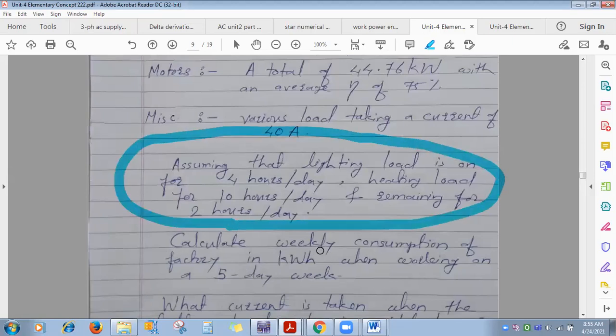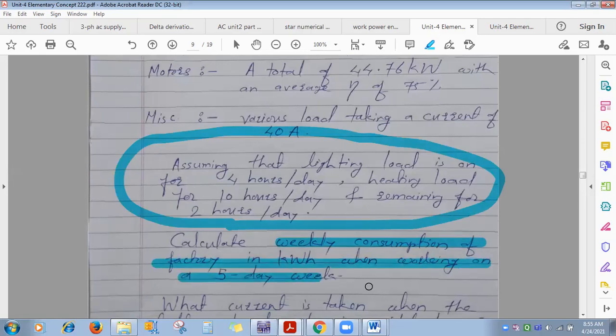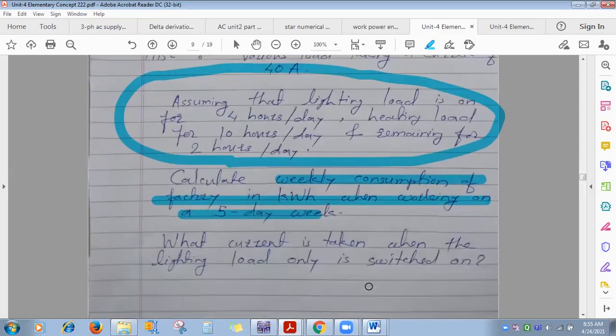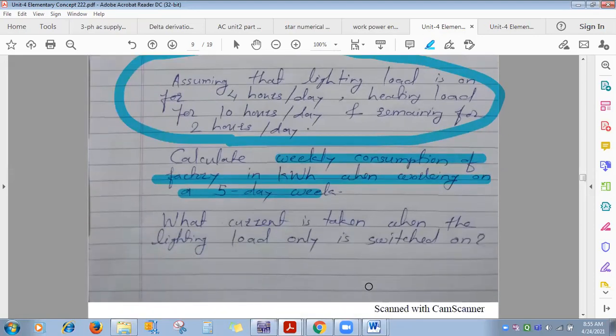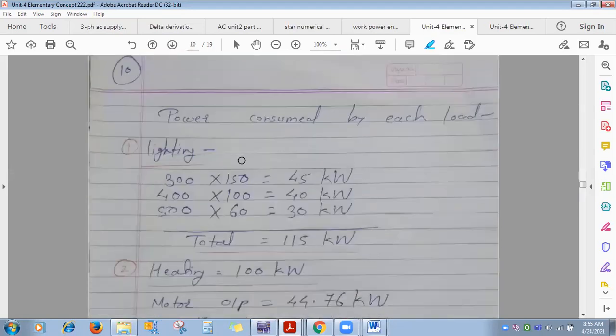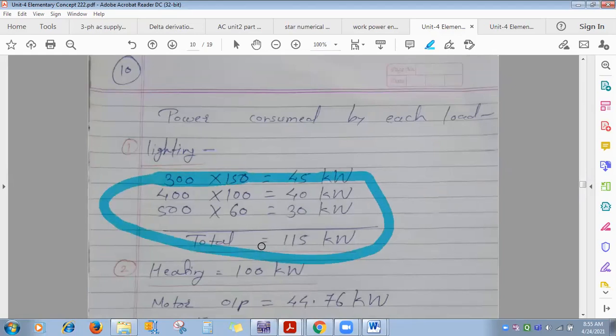So you have been asked to calculate the weekly consumption in kilowatt hour when working 5 days per week. What current is taken when the lighting load only is switched on? Okay, so easy. See, power rating is given and number of lamps given. So using that you can calculate the power in kilowatt.